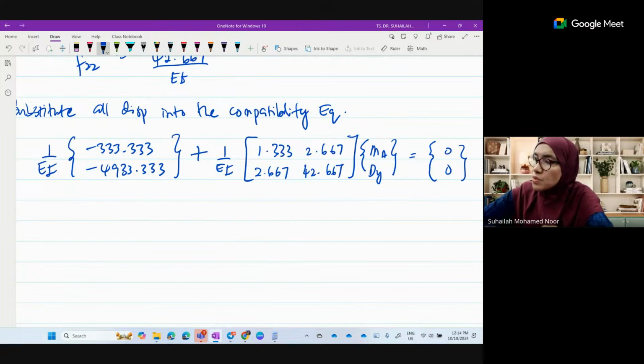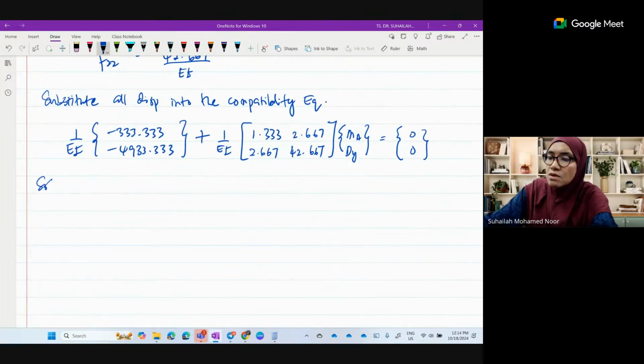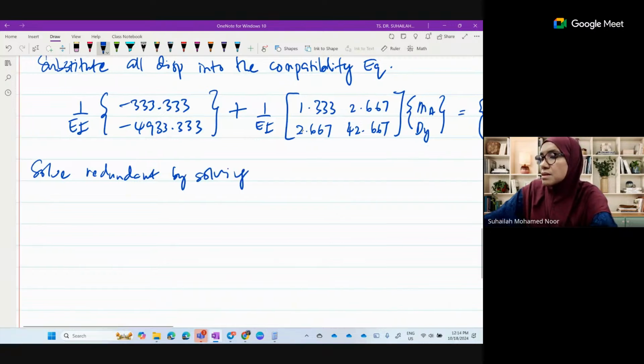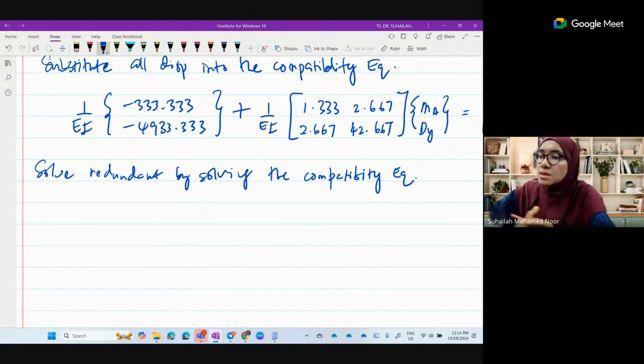Okay, compatibility equation. Okay, and then when we solve redundant by solving the compatibility equation.